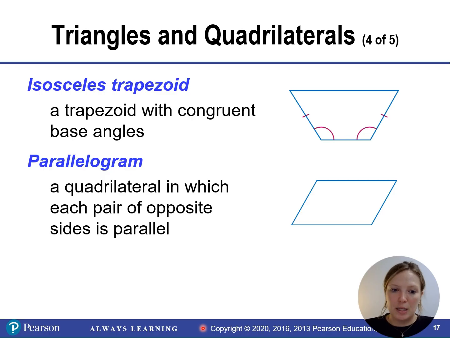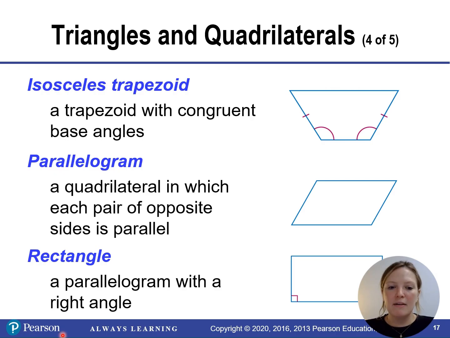Next up is the parallelogram. A parallelogram is a quadrilateral where each pair of opposite sides is parallel. Here, the left and right are parallel to each other, and the top and bottom are parallel to each other. Finally, a rectangle is a parallelogram with a right angle.